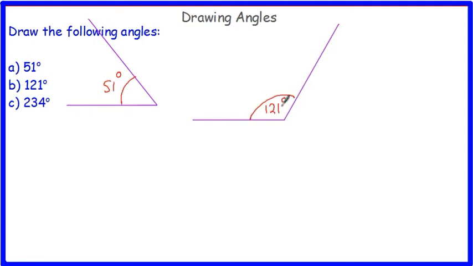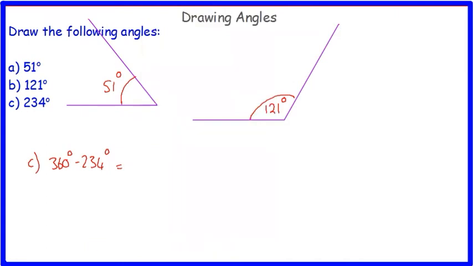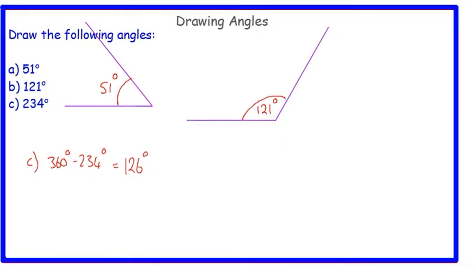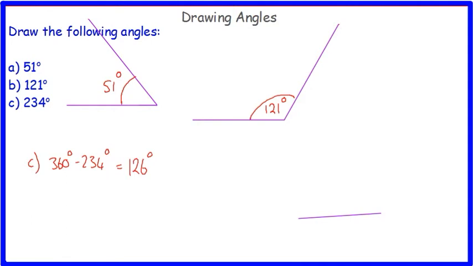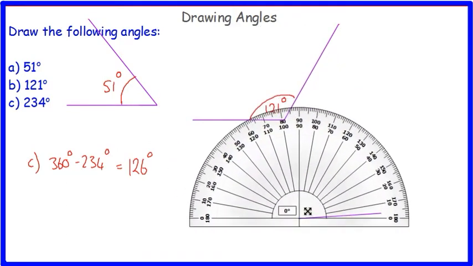Finally, 234 degrees. I'm going to do this a different way. I'm going 360 take away 234 degrees is equal to, again, you could obviously get this on the non-calc. That was 126 degrees. I'm going to measure 126 degrees instead. This time, I'm going to put my protractor the other side.